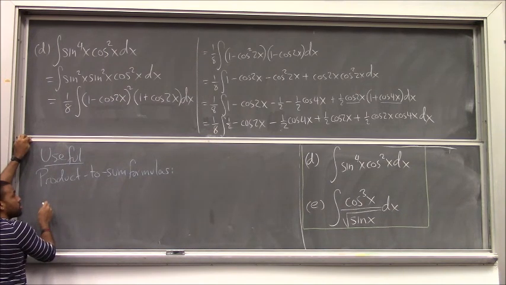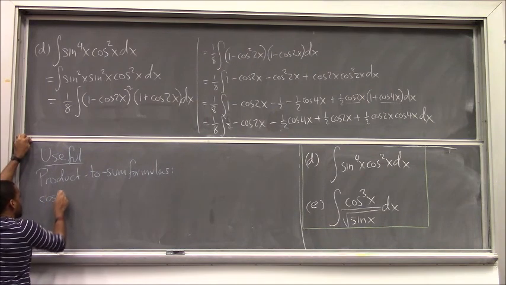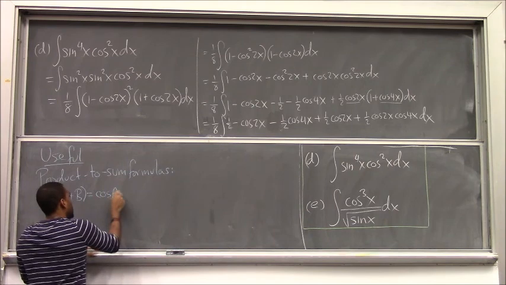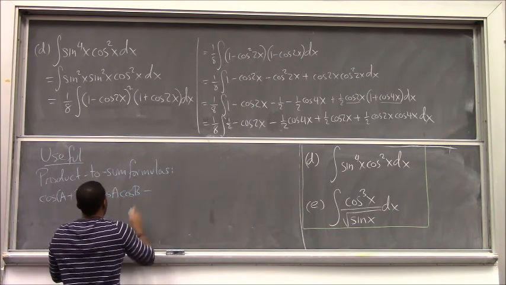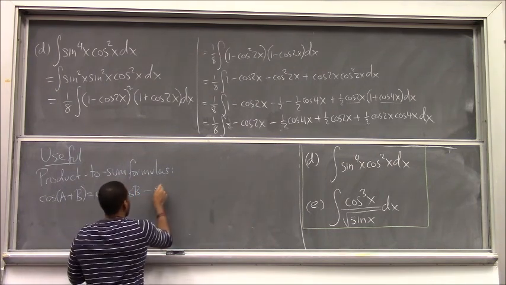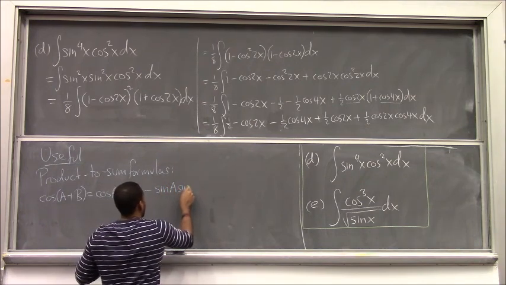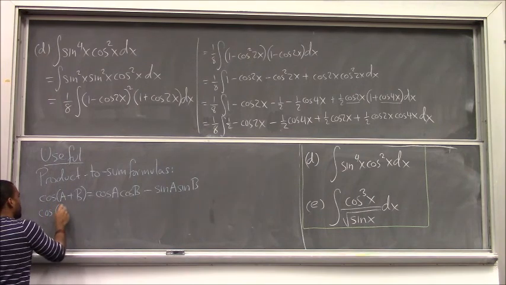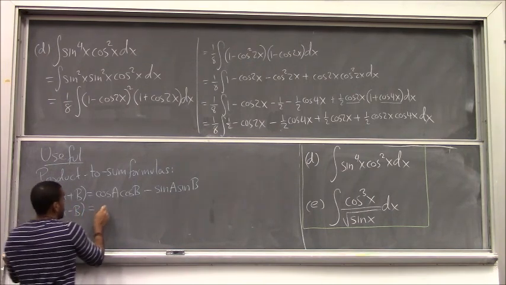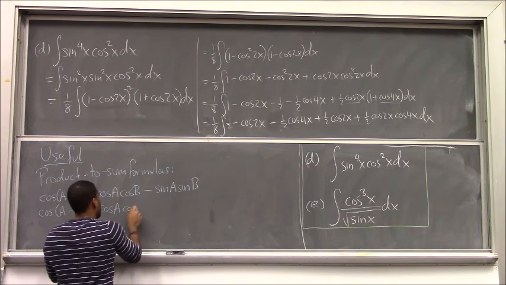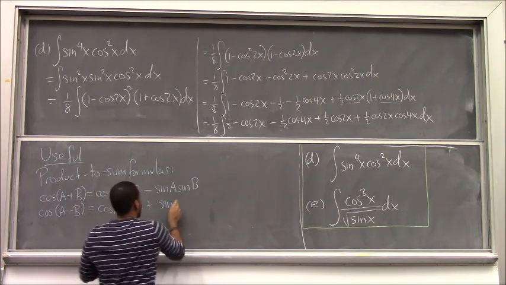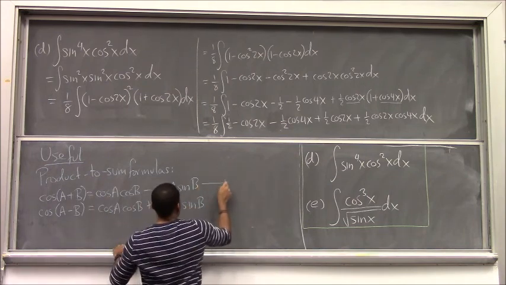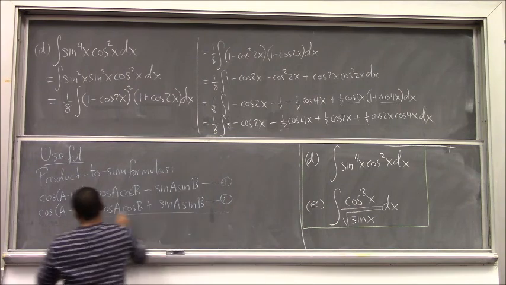So we know that, for example, cosine of A plus B is equal to cosine A cosine B minus sine A sine B. And if I were to take cosine of A minus B, this will be cosine A cosine B plus sine A sine B.